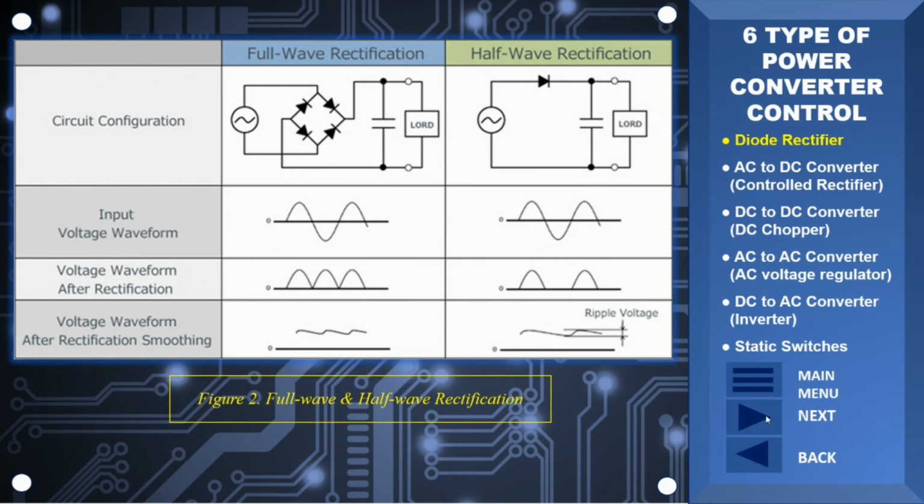From this, it can be said that full wave rectification is a more efficient method than half wave rectification, since the entire waveform is used. Also, the ripple voltage that appears after smoothing will vary depending on the capacitance of the capacitor and the load. Given the same capacitance and load, ripple voltage is smaller with full wave rectification than half wave rectification. Of course, it goes without saying that the smaller the ripple voltage, the better the stability.